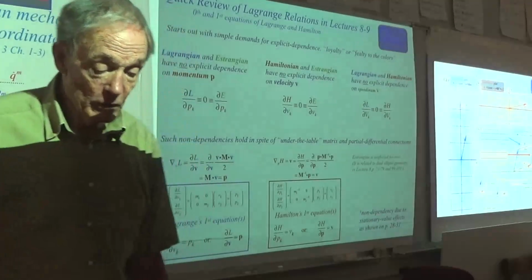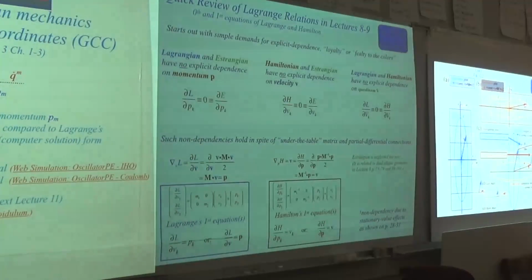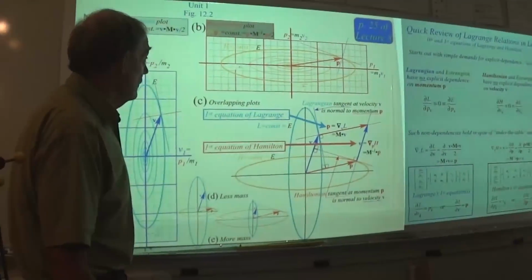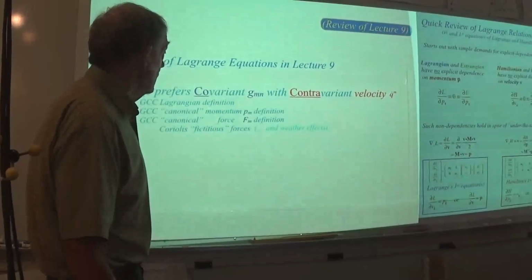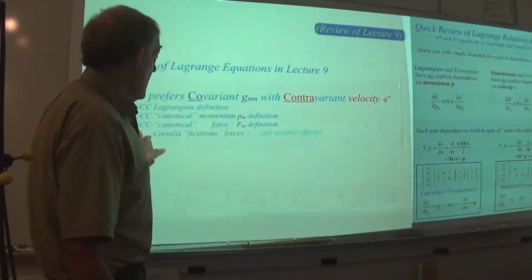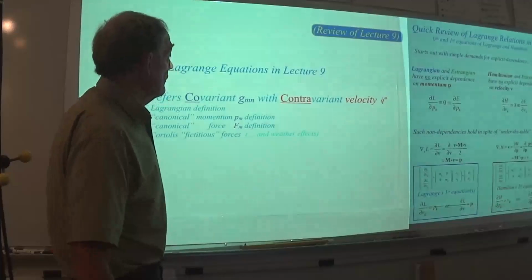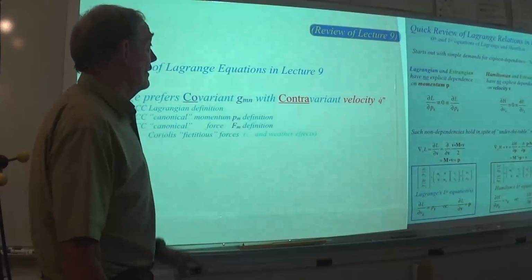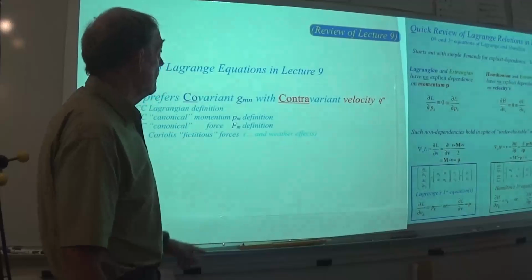So we're going to be doing a more algebraic approach to all of this, but remember, geometry underlies that, so it's worth keeping that in mind. The force definition and the momentum definition, those are covariant quantities, indexed down.